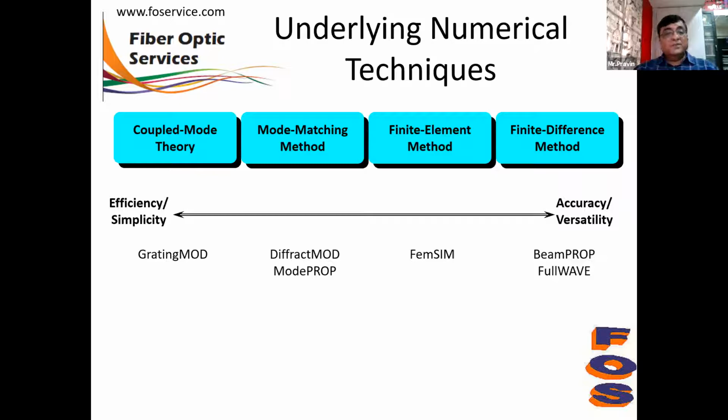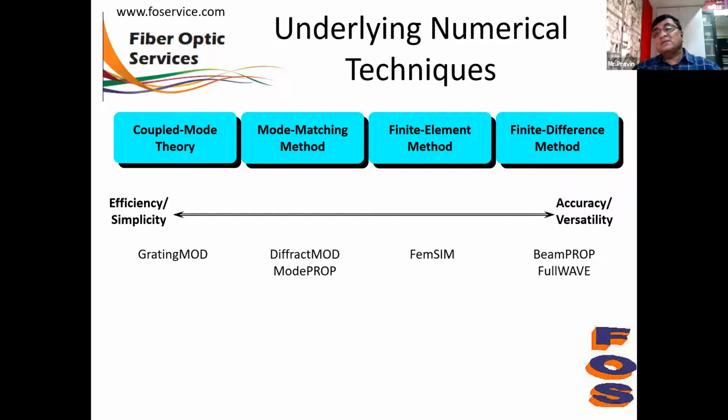pros and cons. Like coupled mode theory, when we are going for the coupled mode theory, it is very efficient and very simple and a very speedy simulation process. But if you move towards the FDTD, it is very accurate and very versatile, but then it takes a lot of computational resources and takes a lot of time to simulate and may not be suitable for bulk devices.